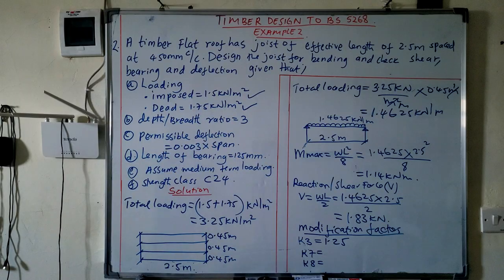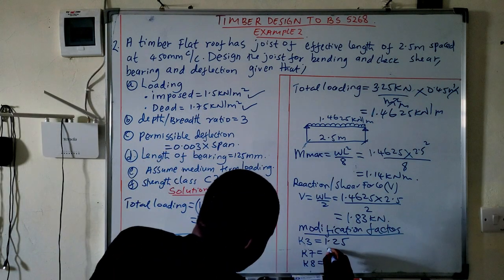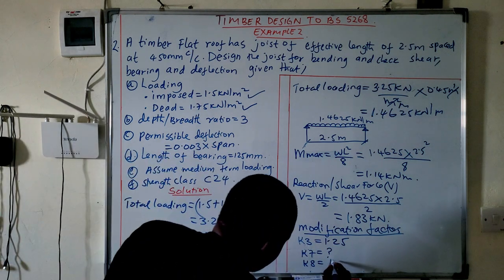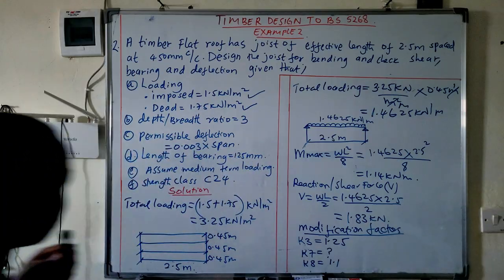K7. We don't know the depth, so K7, we ignore it, or we put a question mark like that. We go to K8. K8 will be 1.1. Why 1.1?